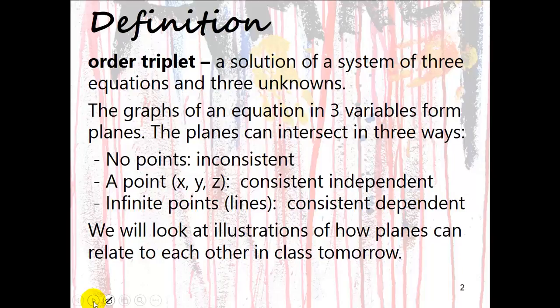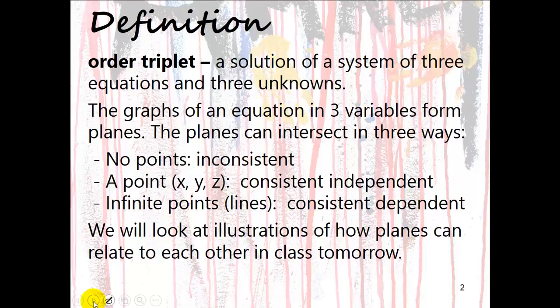But I want to point out that the planes can intersect in three ways. There can be no points in common, and that happens in a variety of ways. We'll look at pictures, illustrations in class tomorrow. That's inconsistent when you have no points. Then you could intersect in one single point, an ordered triplet, X, Y, Z. We call that consistent independent.